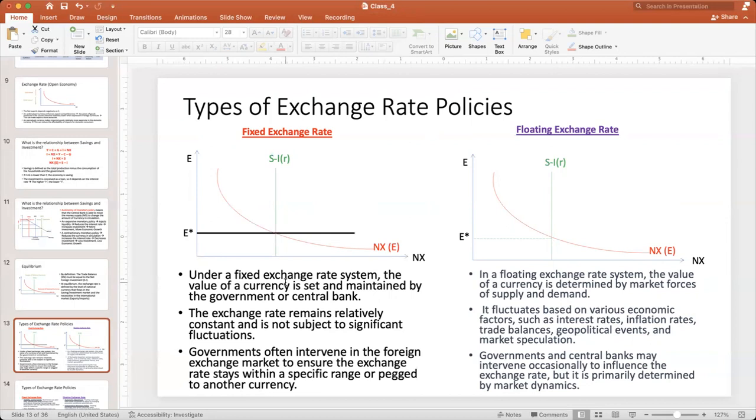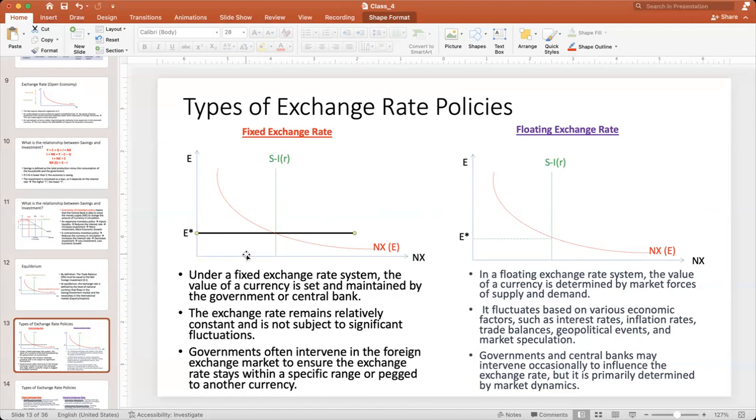It's fixed, so the exchange rate has to be constant. And if there are some fluctuations, the government or the central bank has to intervene in the economy to return the price of the currency to this fixed level, which is represented by this flat black line.